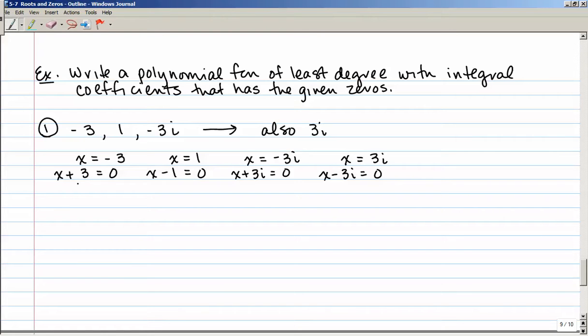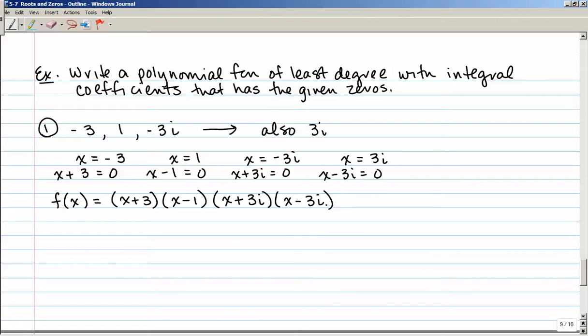So these are actually the factors of the polynomial function we're looking for. x plus 3 is a factor, x minus 1 is a factor, x plus 3i is a factor, as is x minus 3i. So I can say that the function I'm looking for is equal to x plus 3 times x minus 1 times x plus 3i times x minus 3i.